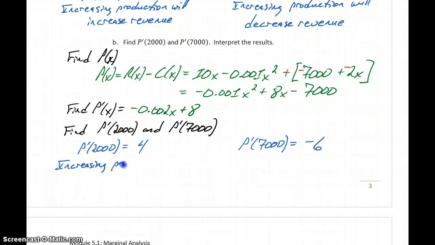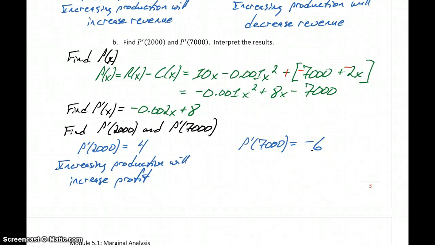So increasing production will increase profit. But if we were already at a production level of 7,000 units per week, then increasing our production by one more unit would actually negatively affect our profit. It would decrease our profit by about $6.